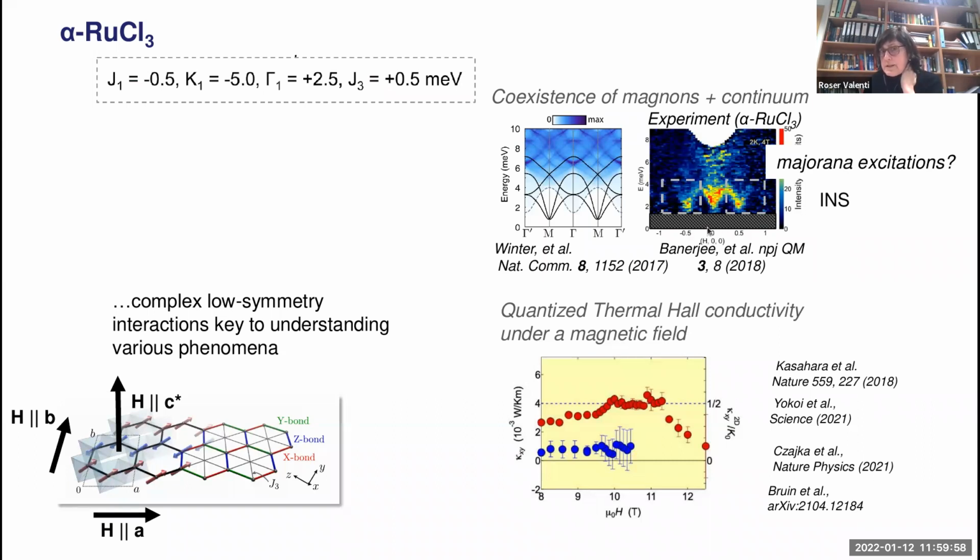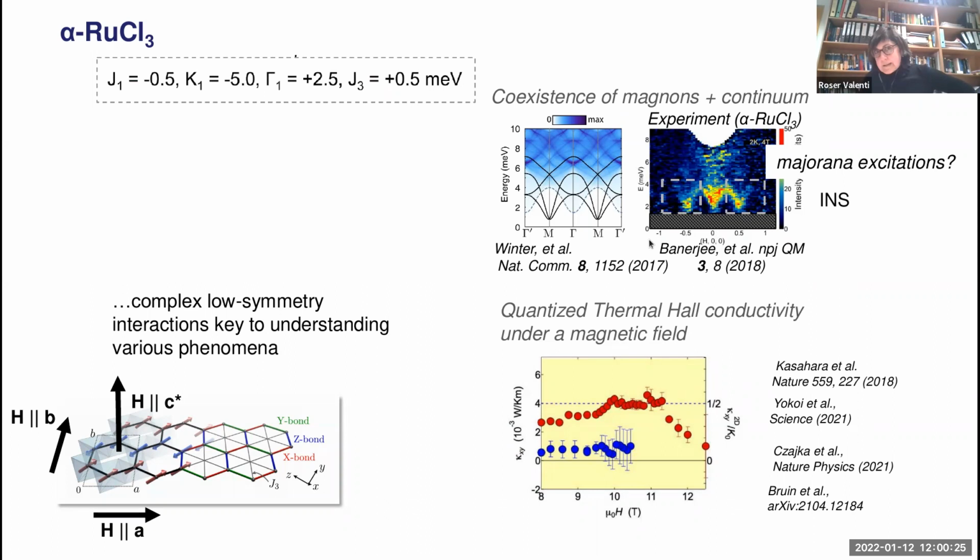You can see here around gamma this very nice magnon, but there is all this continua of excitations, which is a consequence of the fact that there are all these anisotropic interactions. And there has been a lot of discussion about the nature of this continua, whether one still has some Majorana excitation type surviving, or what it is.